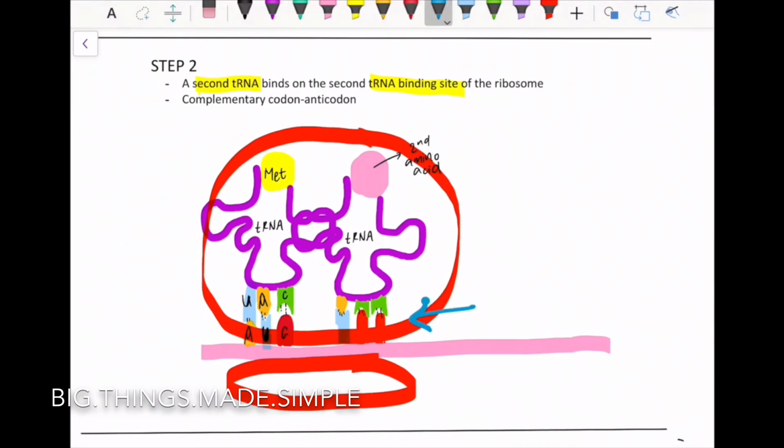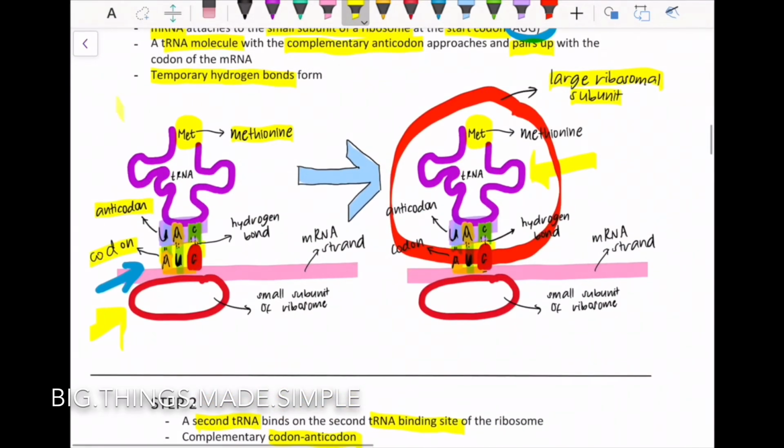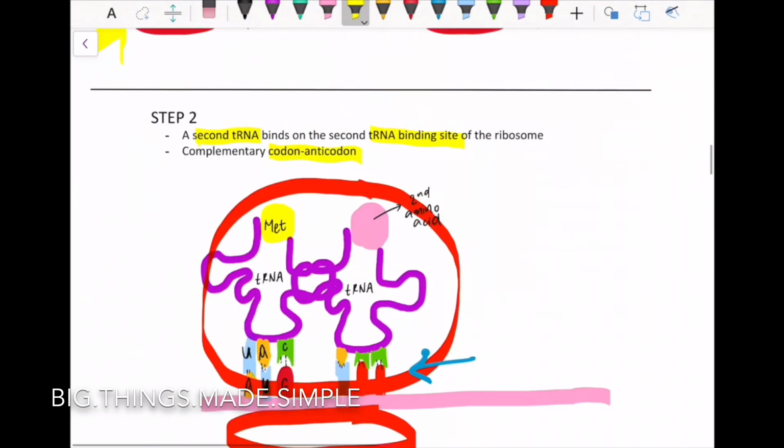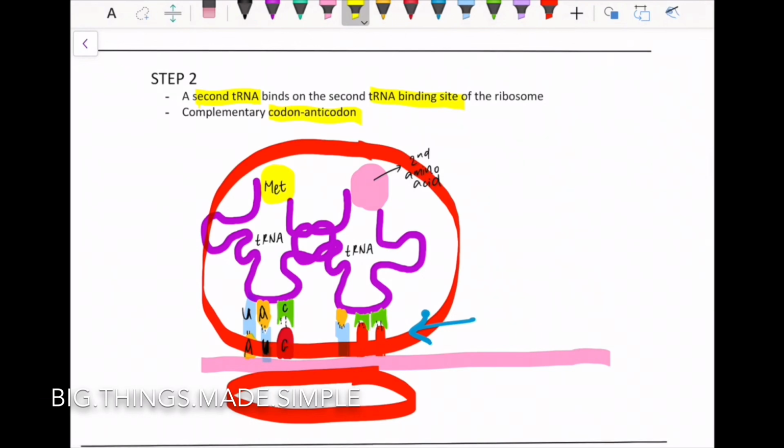So this second tRNA molecule must have the anticodon that is complementary to the codon of the mRNA strand, just like the first tRNA molecule binding. It will form temporary hydrogen bonds, and as you can see, it will be bringing the second amino acid, which will be added to the amino acid chain later on.